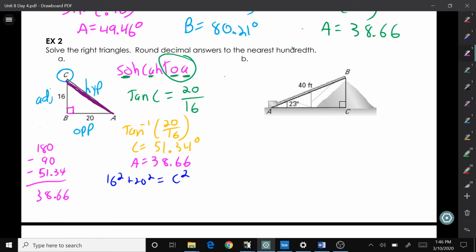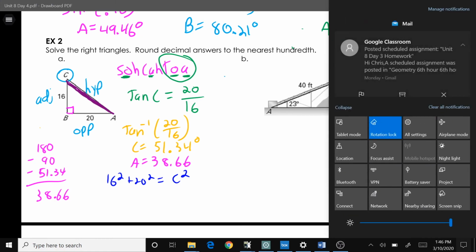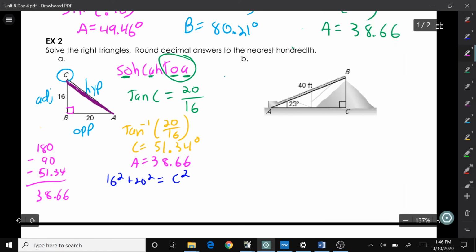So 16 squared is 256 plus 400 equals c squared. No, I think I'm wrong.